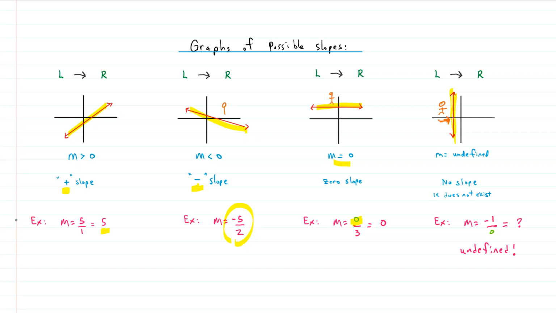He can go downhill or uphill. But he just can't go through the brick wall. So in these cases, where you have a slope that's undefined, the slope doesn't exist, you have a 0 in the denominator because there's no movement left to right, they're just moving up and down. So the slope is undefined. Hopefully this helps.